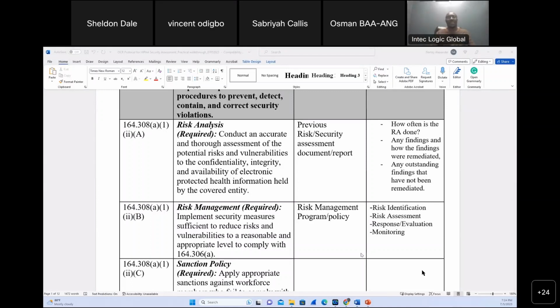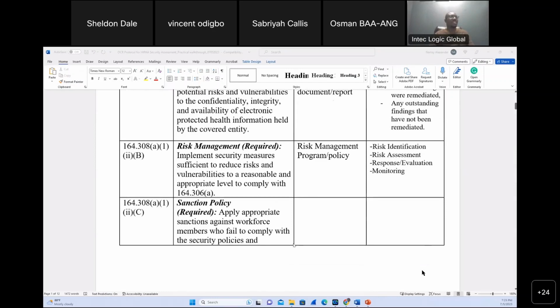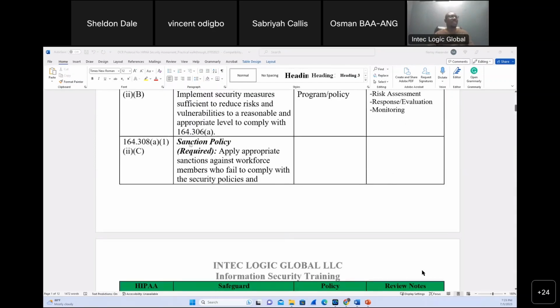That is very, very important. So these are the 4 key things. Anytime you hear risk management, let these 4 things come into your mind: risk identification, assessment, response, and evaluation. Good. Let's move on to the next one.